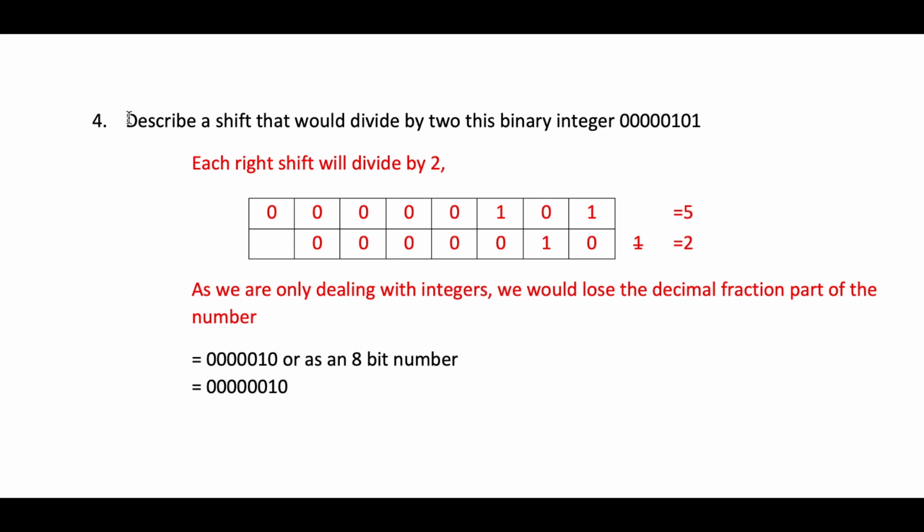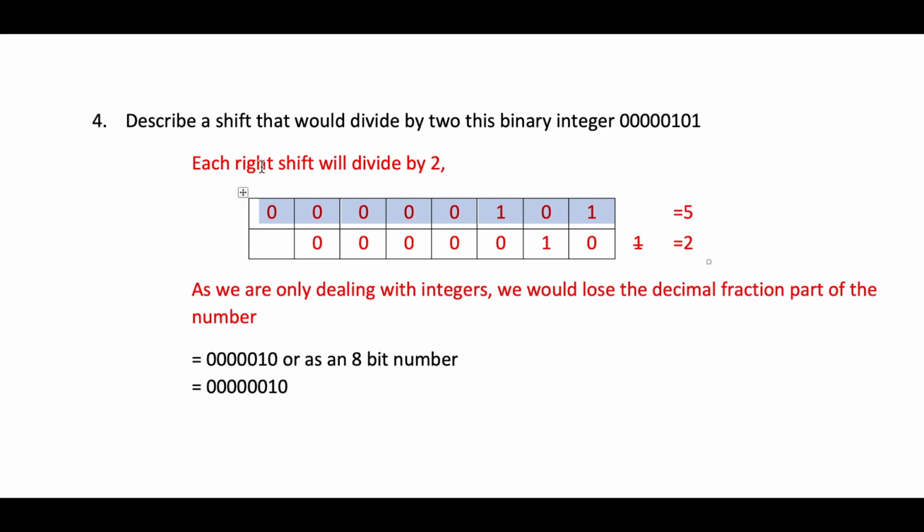Question number 4. Describe a shift operation that will divide the number by 2 using this binary number given here. So we start by writing the original number in our table.